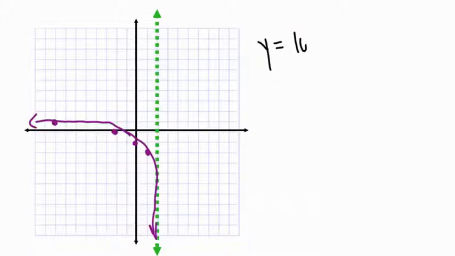Well, we know this is a log base 2 of x. And I know I'm reflecting it over the y-axis. So I know I have an opposite of some argument in here. I also know that I shifted down a certain number of points.